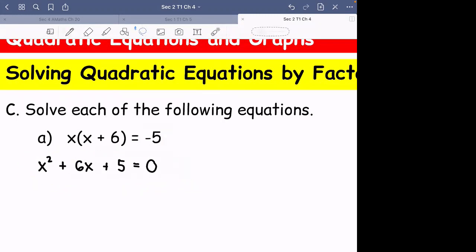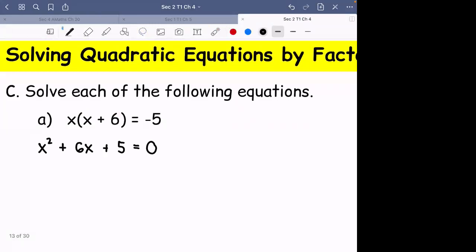So this is now in standard form. We expanded and made it into its standard form, and that's the time we factorize it again. So how do you factorize this? Obviously 5 is not a perfect square, so this can only be done by guess and check.